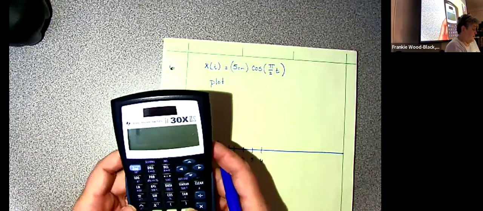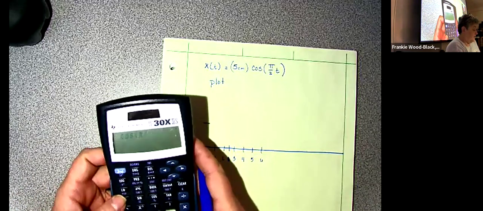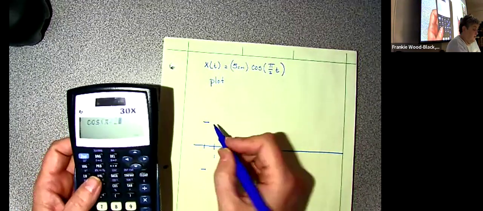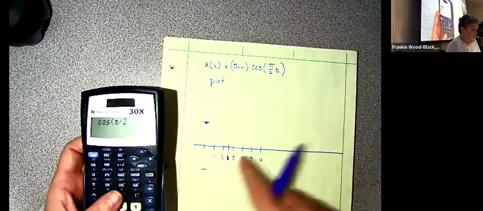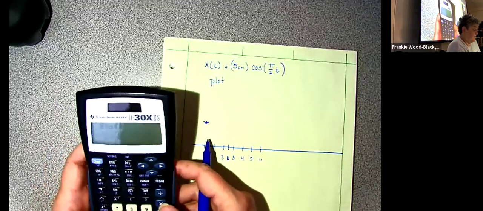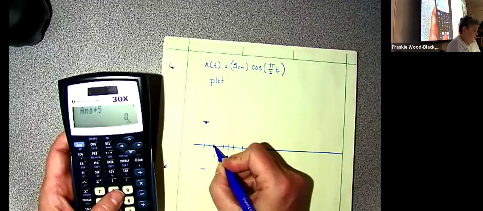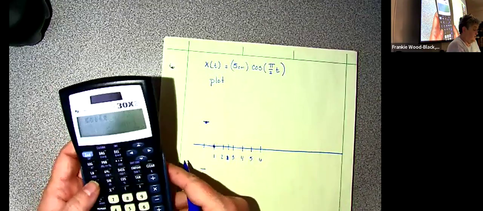So I'm going to do my pi over 2. So I'm going to do cosine pi divided by 2. Well, at 0 seconds, it's up here. At 1 second, it's pi over 2. So we're good there. Times 5, I'm at 0. At cosine of pi, it would be my 2 seconds.